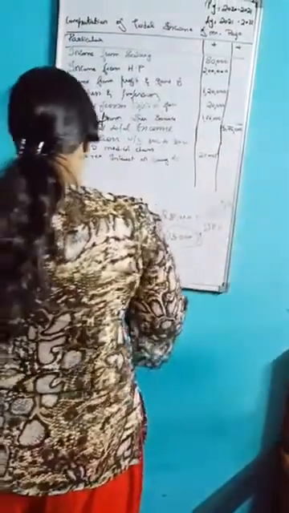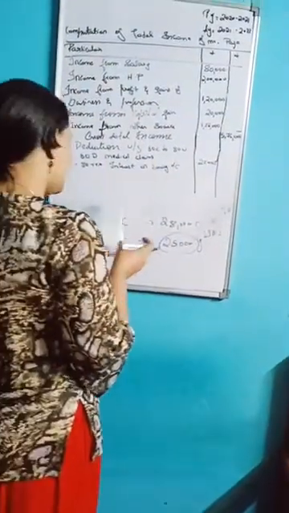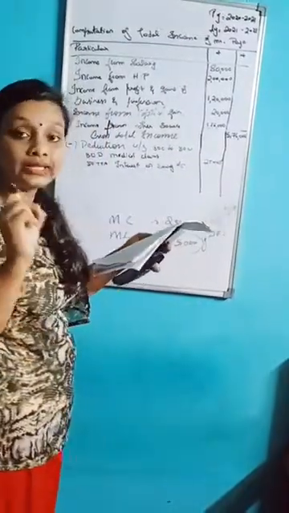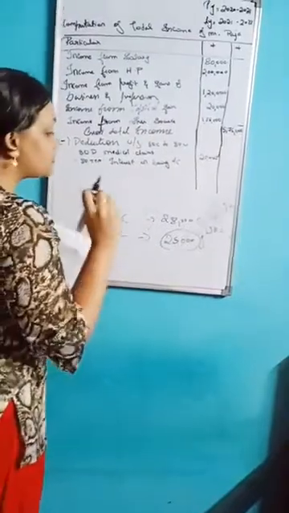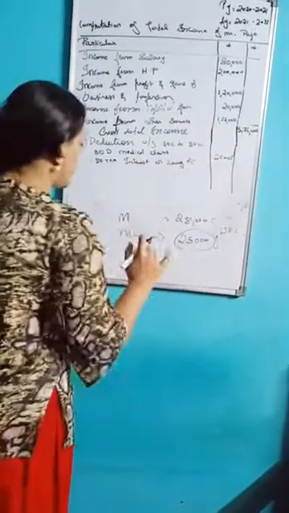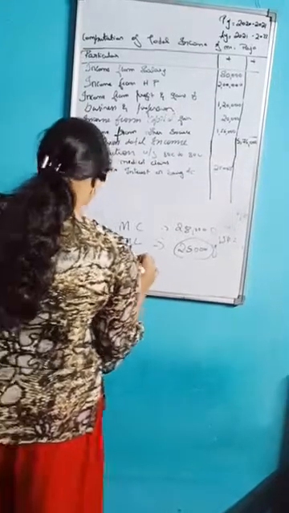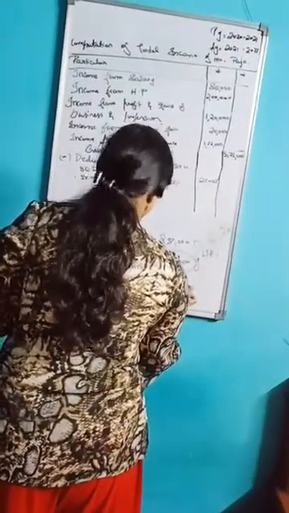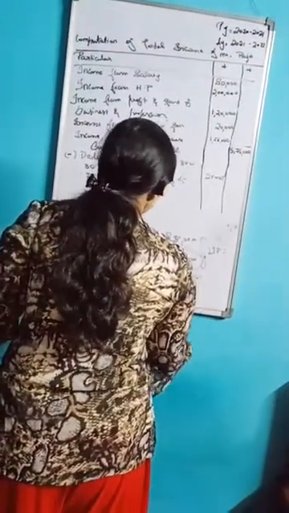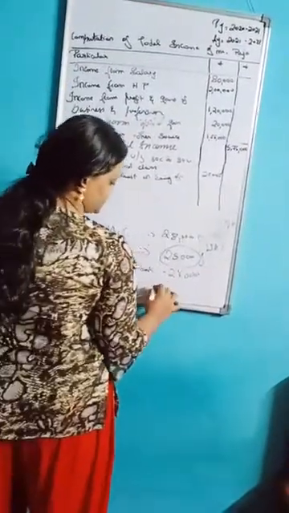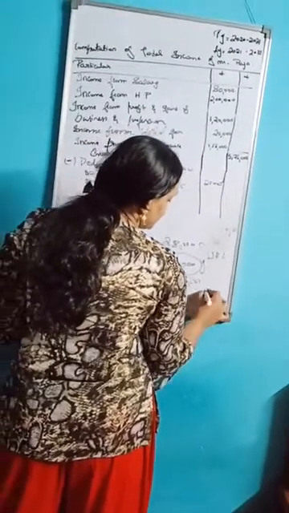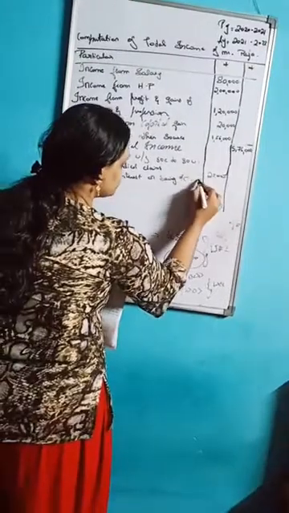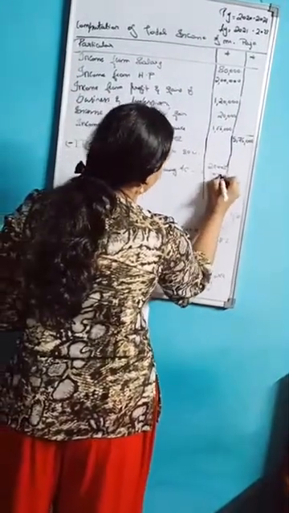In the question they have given interest on savings bank deposit is 28,000, and the maximum limit is 10,000. In this whichever is less, that value you should take. So here you should take 10,000.